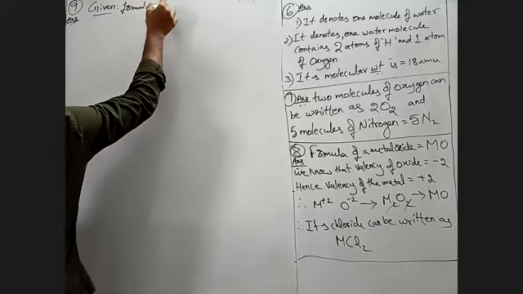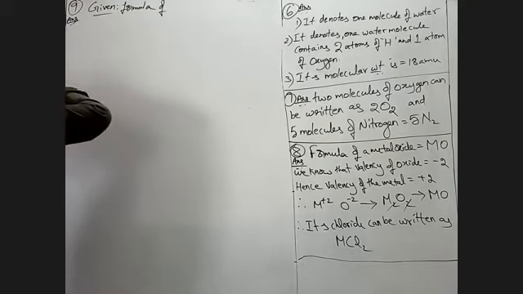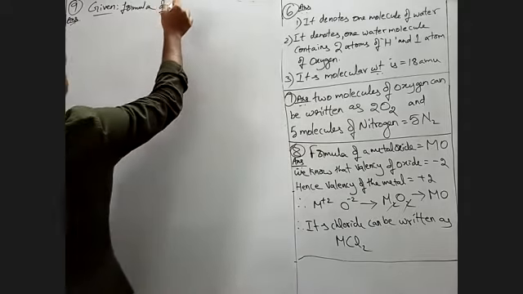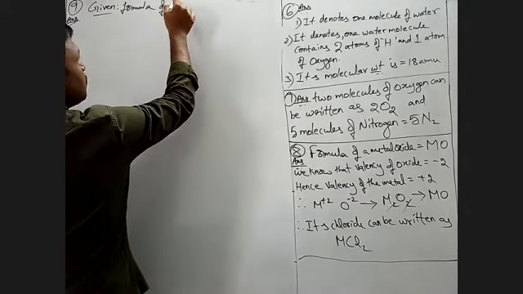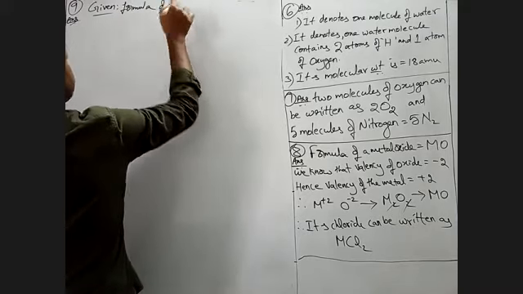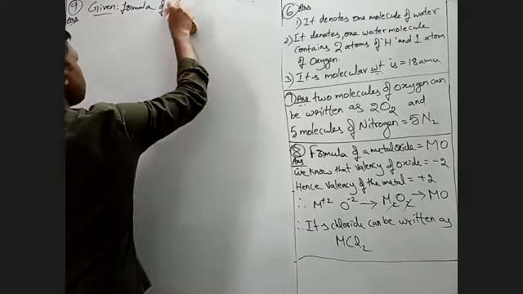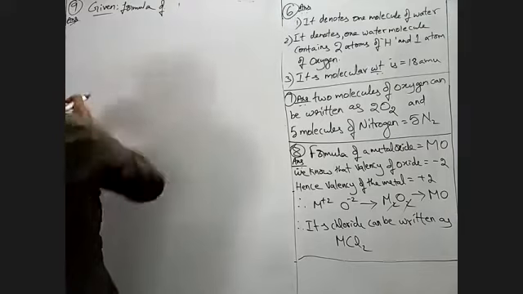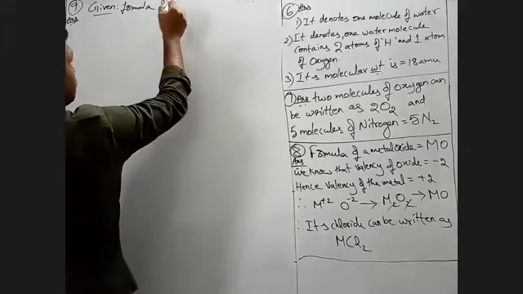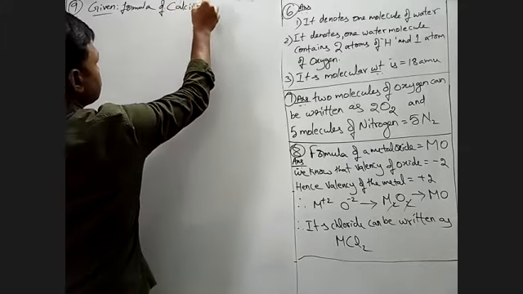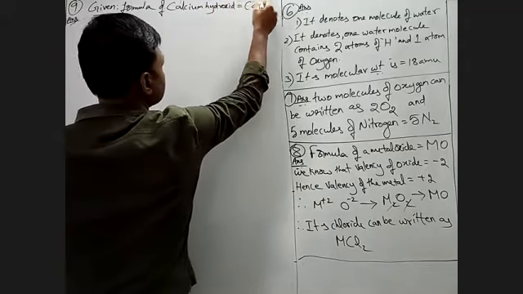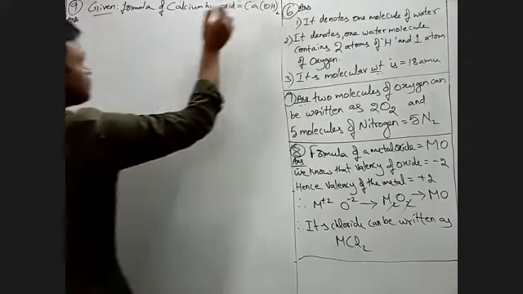Formula of calcium hydroxide equal to Ca(OH)2.